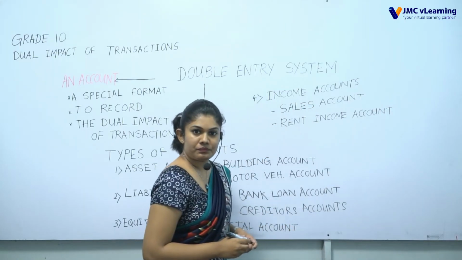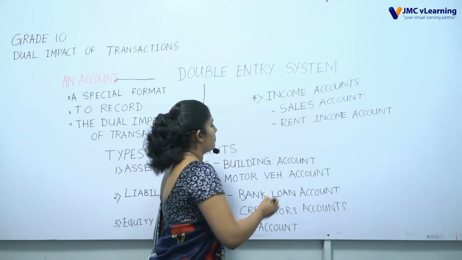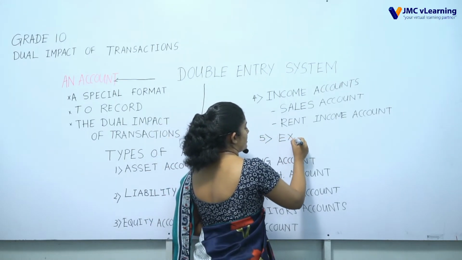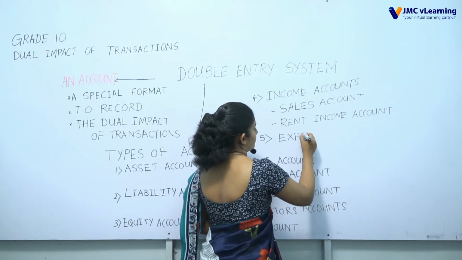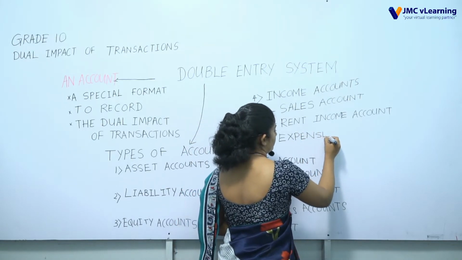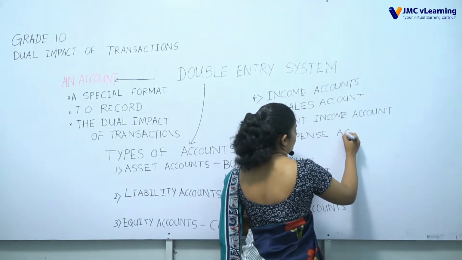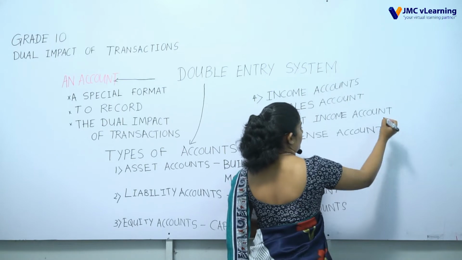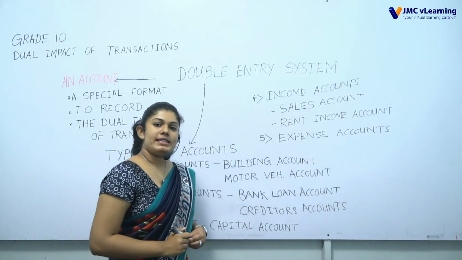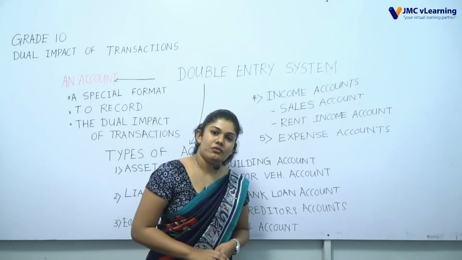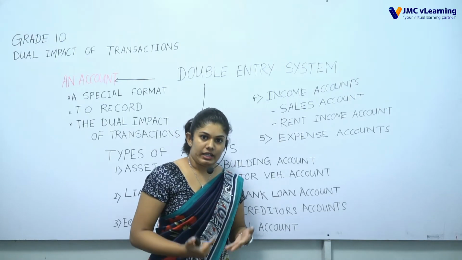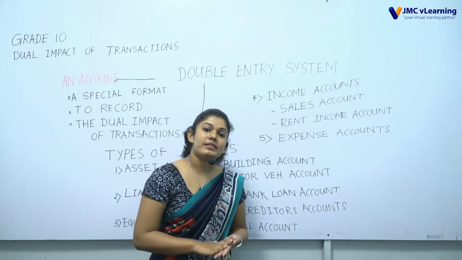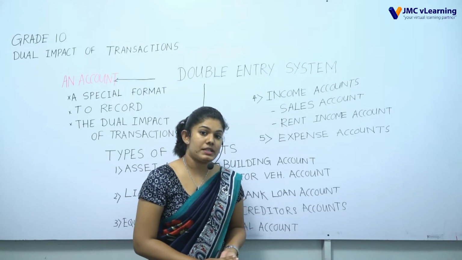And the last type of account is expense account. Already you can guess what the types of accounts are: salary expense account, advertising expense account, electricity expense account, telephone bill expense account.